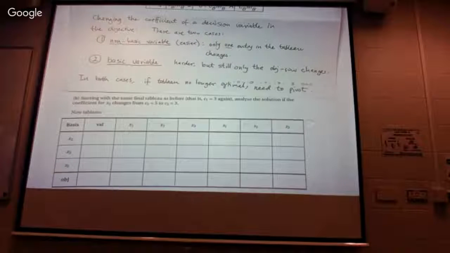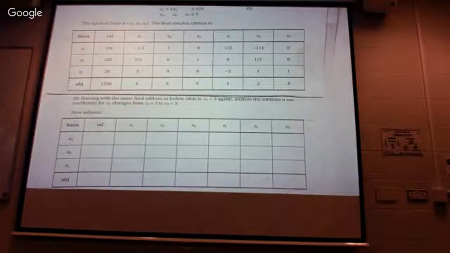I can show you the previous Tableau at the same time. Now I've covered it, so I rely on your memory to remember how you get the objective row when you know the rest of the Tableau.